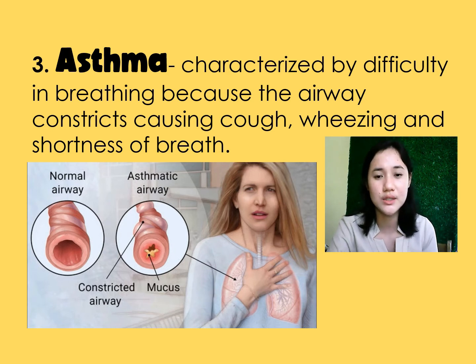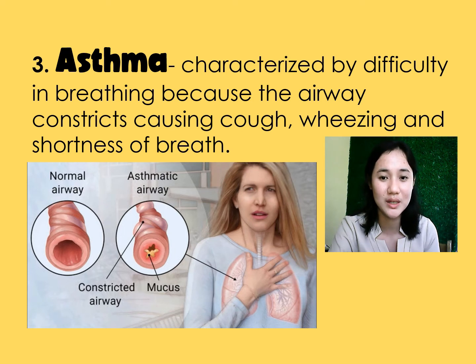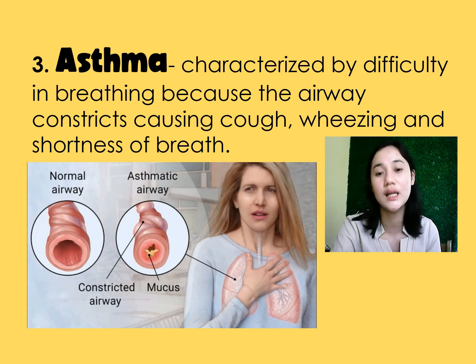At syempre, dahil naninikip siya, ubuhin, and nagkakaroon yung tinatawag na wheezing sound, no? Parang hirap sa paghinga, and shortness of breath. It is usually caused by air pollutants such as smoke, pollens, and dust, okay, that can trigger asthma. Usually, yun nga, nasabi ko na, sensitive yung kanilang airway at ito ay hereditary o namamana. Okay, namamana po ang asthma.